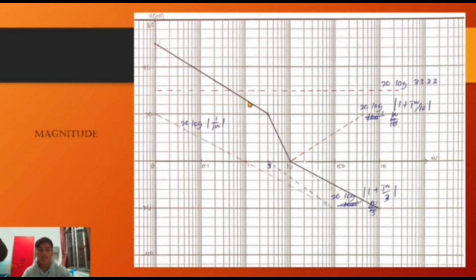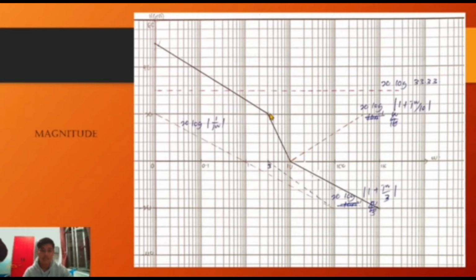So the slope will go down until the next corner frequency, which is omega equal to 3. There is negative 20 plus negative 20 plus 20.